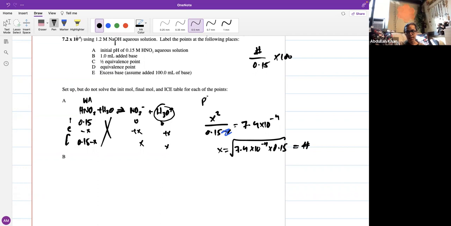You're going to calculate the pH by taking the negative log of that. Let's see if I can do this on my phone. Or you know what? Let's use a Symbol Lab.